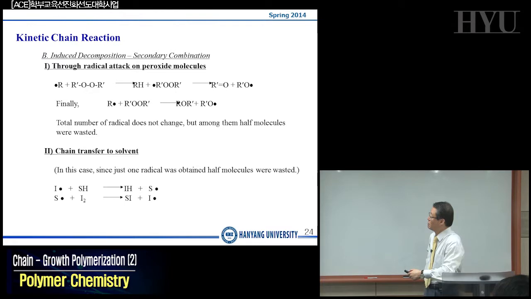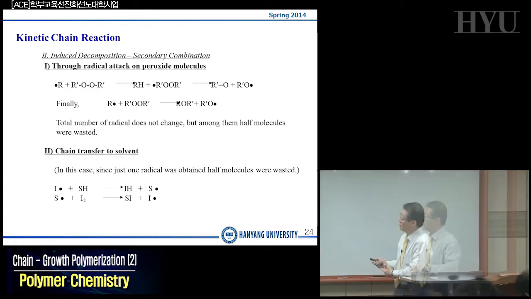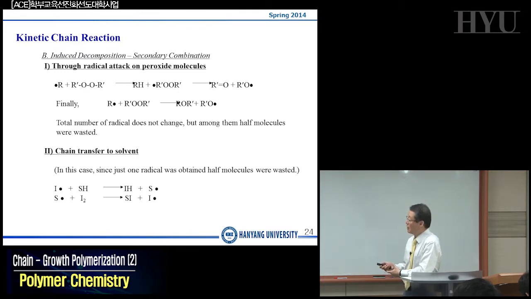The second reason might be what is called the secondary combination or induced decomposition. Let's say that we have R radical. You form the initiator decomposition, and you form the R radical or I dot. And if I dot attacks the monomer, it initiates and propagates.